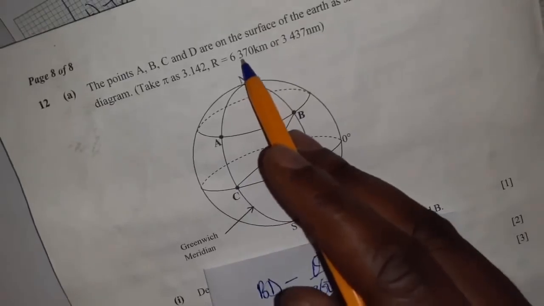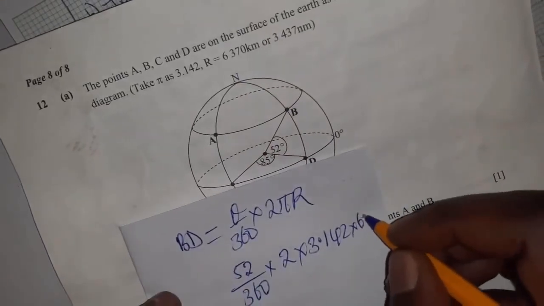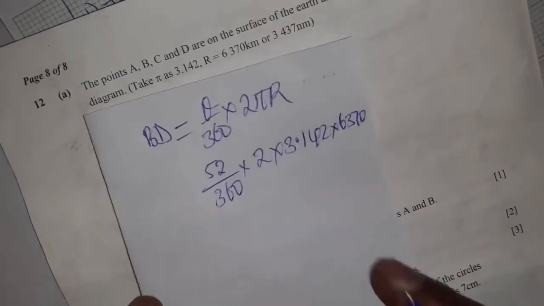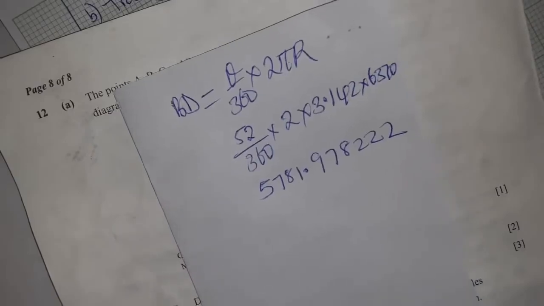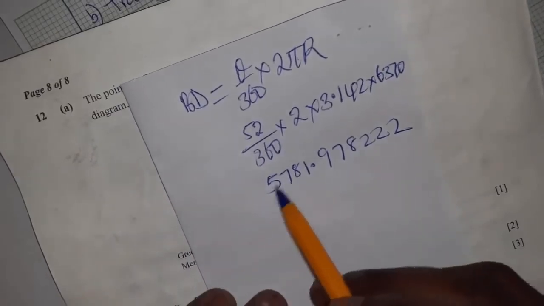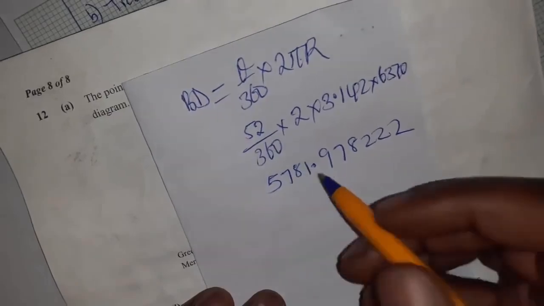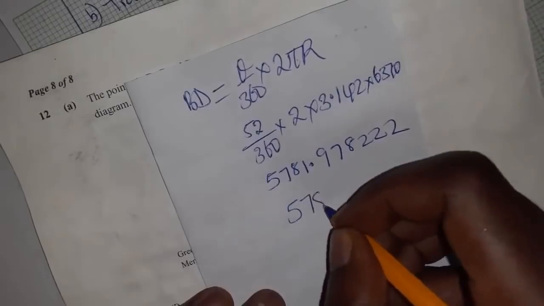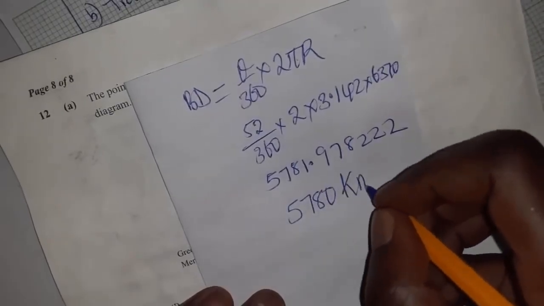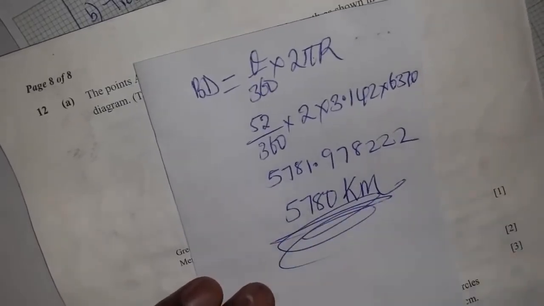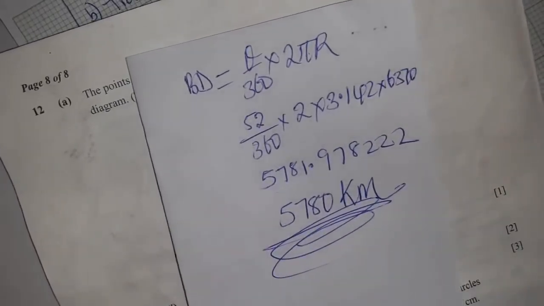Now we use this one, which is in kilometers, 6370. Let's punch that on our calculators. So this is the answer that you're getting. Now you need to round off this to 3 significant figures, as we always do. 1, 2, 3. So it will be 5780 kilometers.